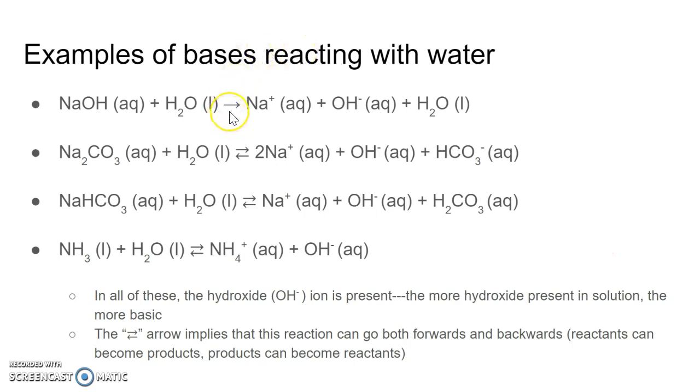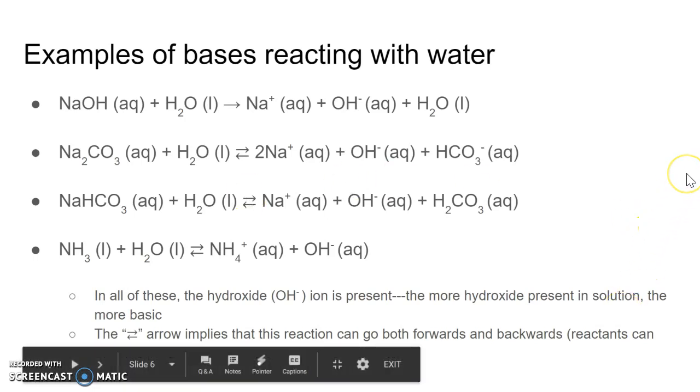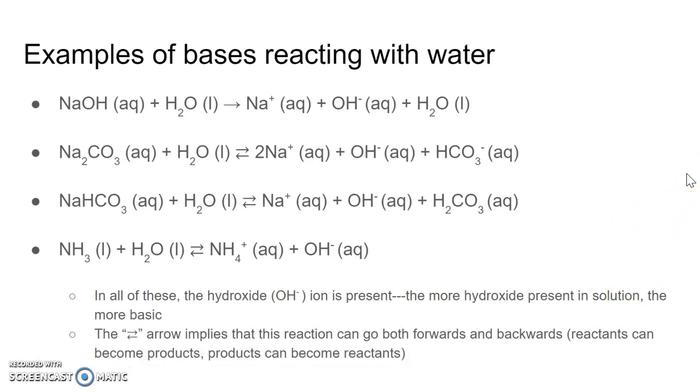This would be an example of one where it goes completely forwards. Sometimes reactions are capable of going both forwards and backwards. What I mean by that is really just that reactants can become products, and products can become reactants. You don't really need to know when to use this arrow. That's not something that we're going to ask you to do. We just still ask, please don't use equal signs for an arrow.